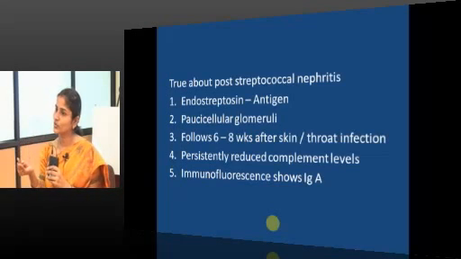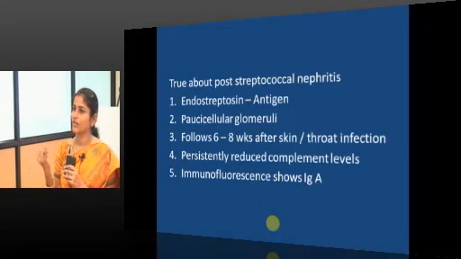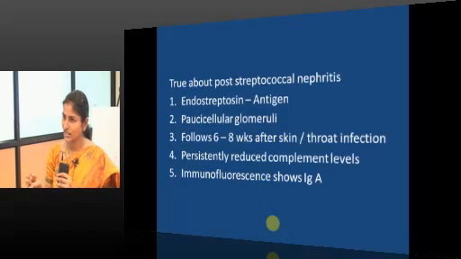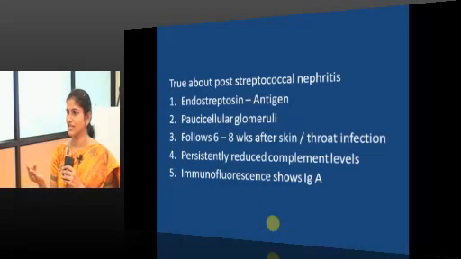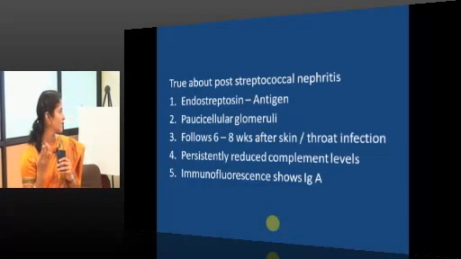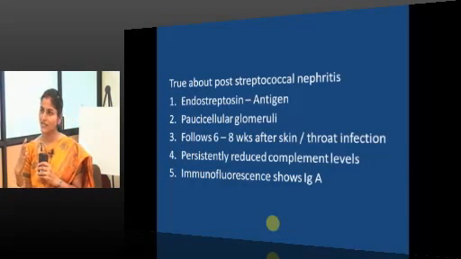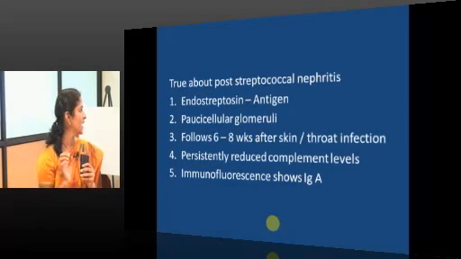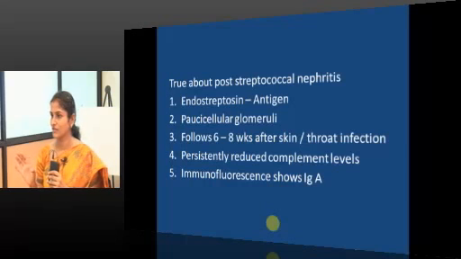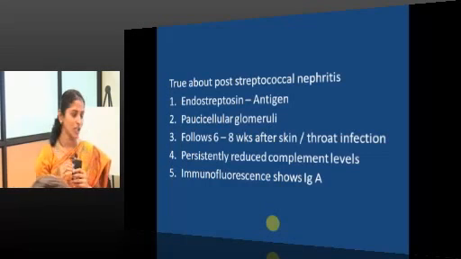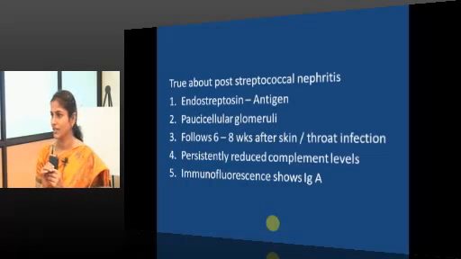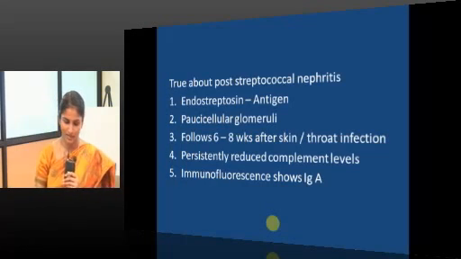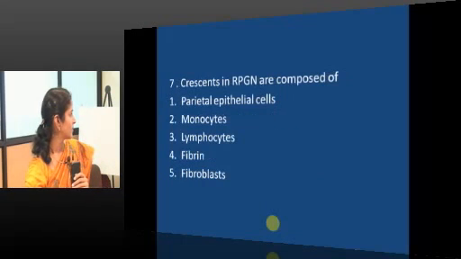The cellularity is due to proliferation of mesangial cells, endothelial cells, epithelial cells and leukocytes. And persistently reduced complement levels, no. There is only a transient reduction of complement levels, lasting 6 to 8 weeks after skin infection, 1 to 4 weeks after throat infection. And immunofluorescence shows IgA? No, it's IgG, IgM and complement.